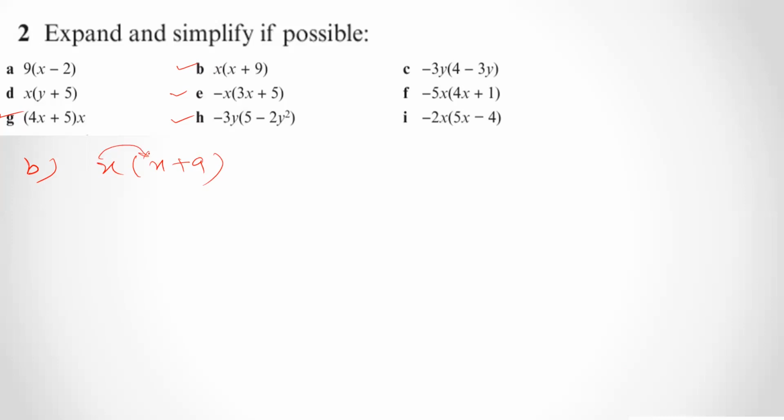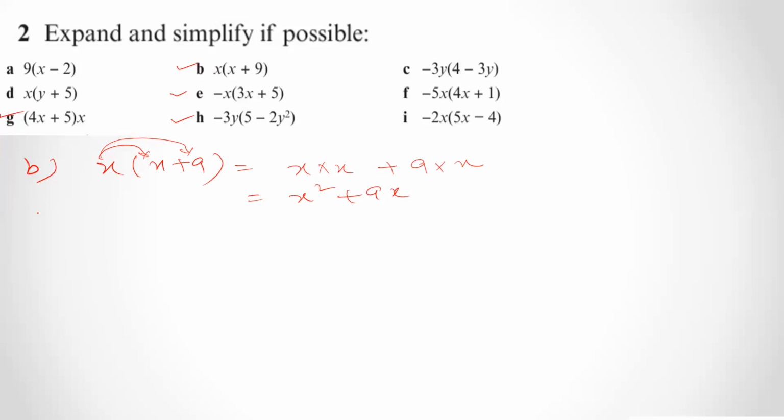So x times x and x will be with 9. So it will be x times x plus 9 times x. Okay. So it becomes x square plus 9x. This is the simplified form. More than that, we cannot do it. So we leave it as it is.